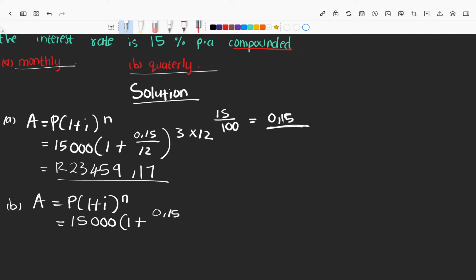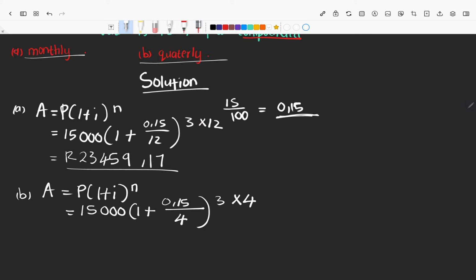Open bracket, and the number of years is 3. But there's a but: you need to multiply it by 4, and then you're going to find your answer. The answer is 23,331.81.